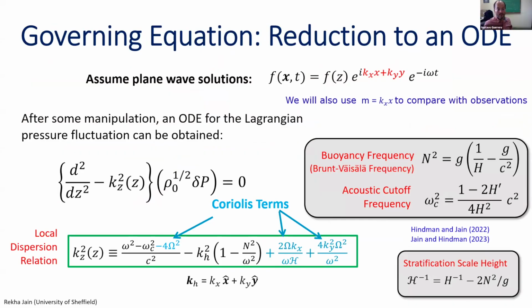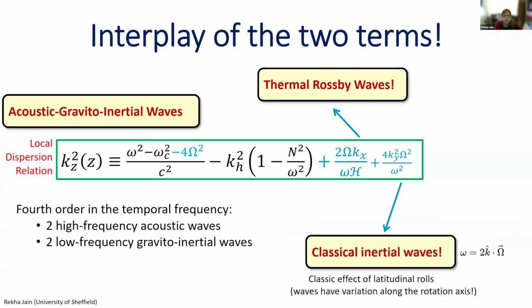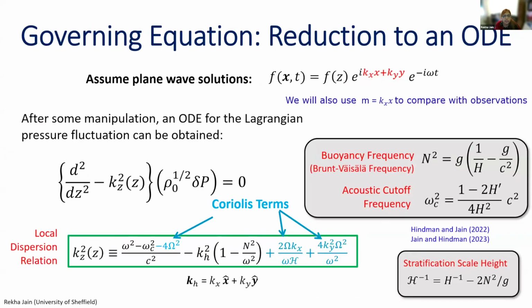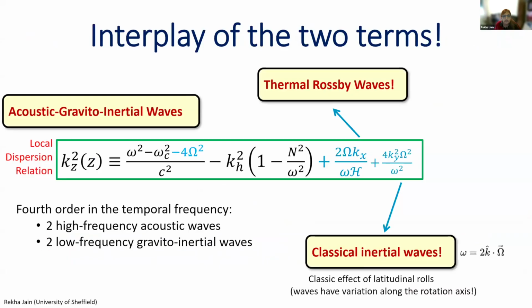So first we did these calculations with the plane wave solutions and found the retrograde and the prograde propagating. Only the prograde propagating were the radially trapped. This model was just for showing these two terms that you could have: classical inertial waves in the latitudinal direction, and also thermal Rossby waves.